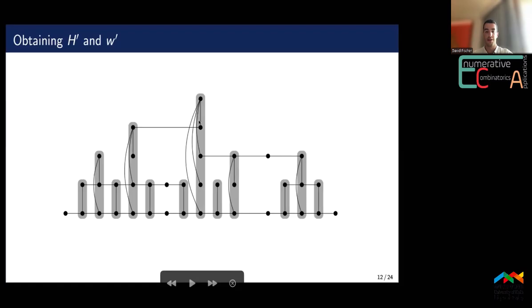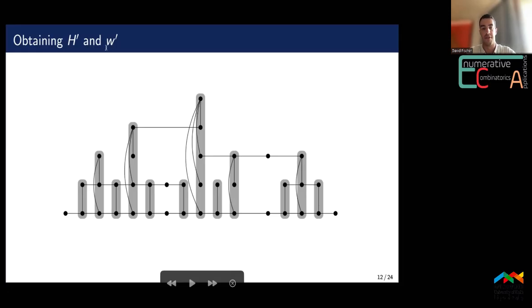So all of these vertical curved edges, we're going to contract them all. So these gray clouds that we have over sets of vertices are now one vertex in H prime. So for example, all five of these vertices here in H are just one vertex in H prime.